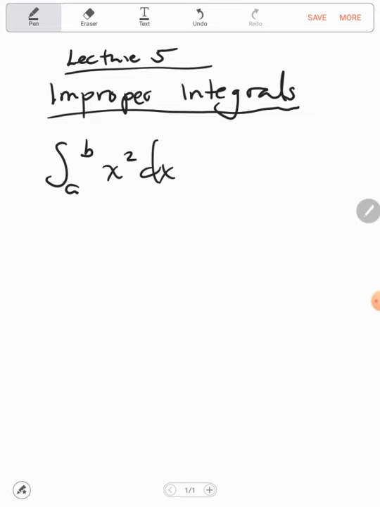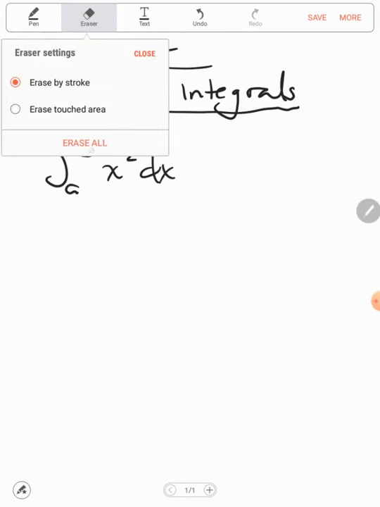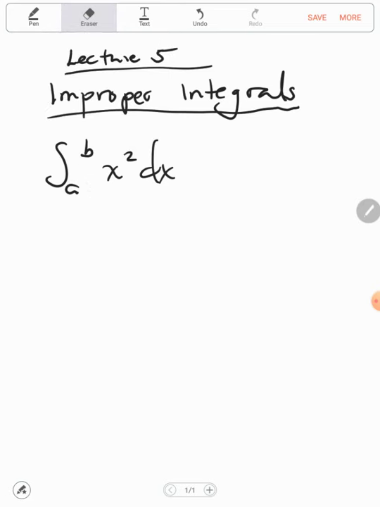Okay, so a is finite, b is finite as well. Or maybe we can just simply say the integral from 1 to 2. So this is a finite integral.